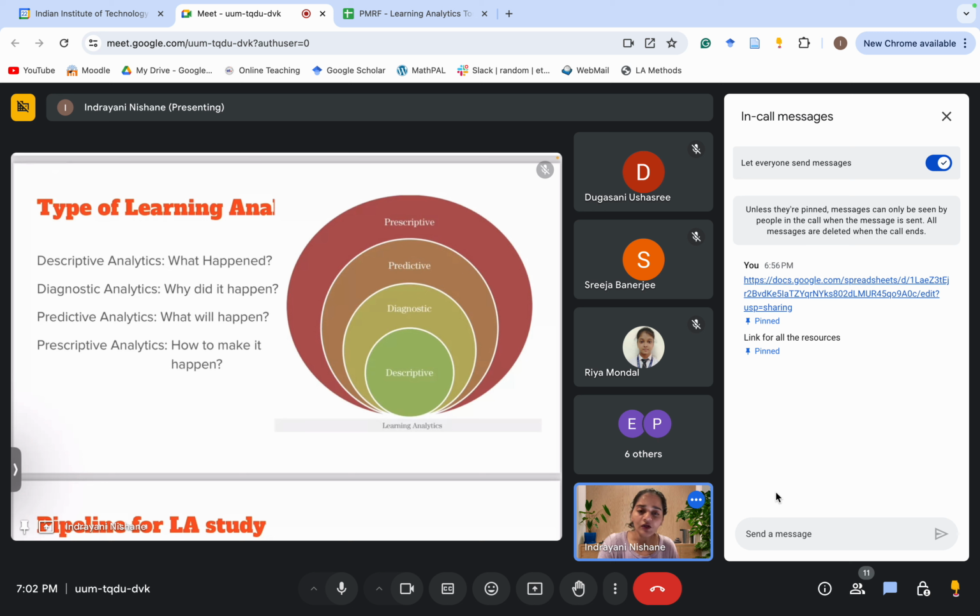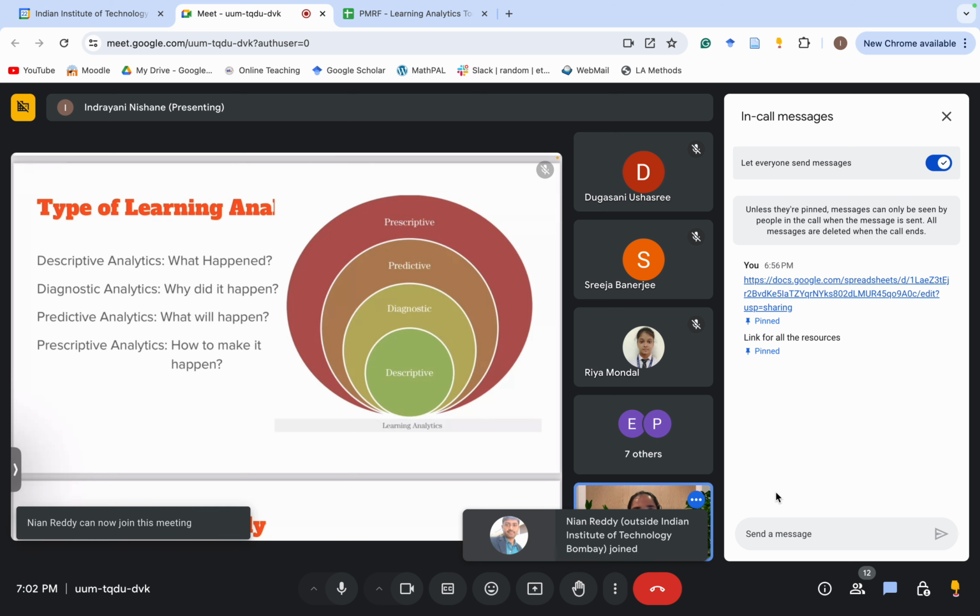So okay, let's dive into this. We have seen this diagram so many times. We start with description of what the data looks like, what happened exactly. So this is all about learning analytics, different types, and how we can use different analytics techniques to answer which type of questions, right? So the descriptive analytics, as the name suggests.